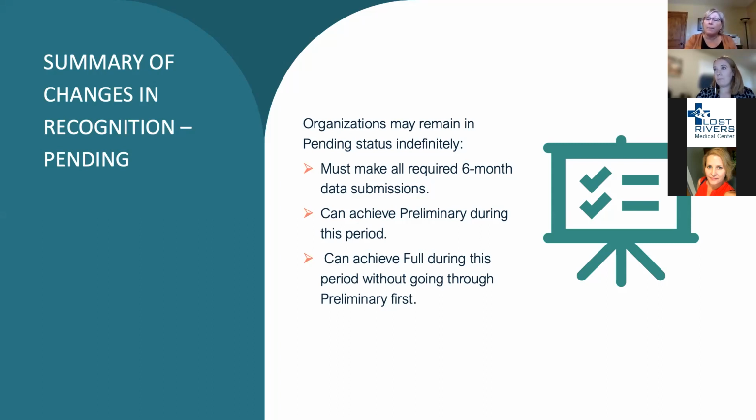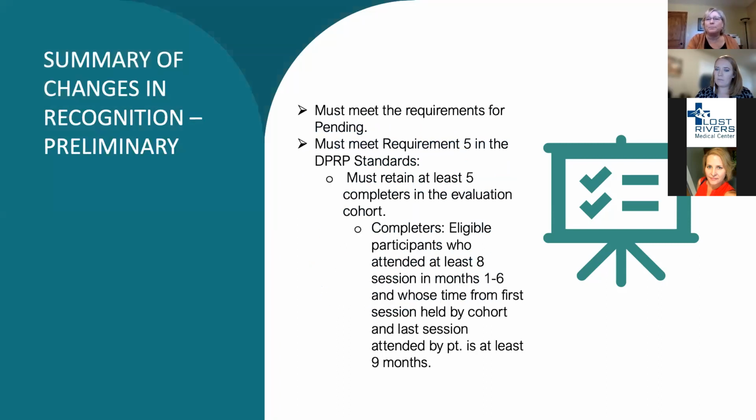But while you're in that pending status, organizations can move to preliminary or move right to full if you meet those requirements during the data evaluation. Remember, that's our every 6 months we submit our data and we get an evaluation report from DPRP. So to move into that preliminary status, you've got to continue to meet the pending requirements, in addition to having at least 5 participants that are considered completers.